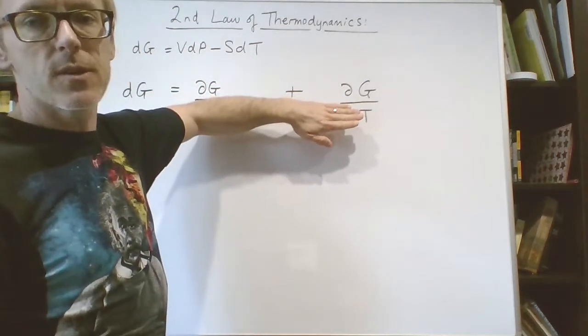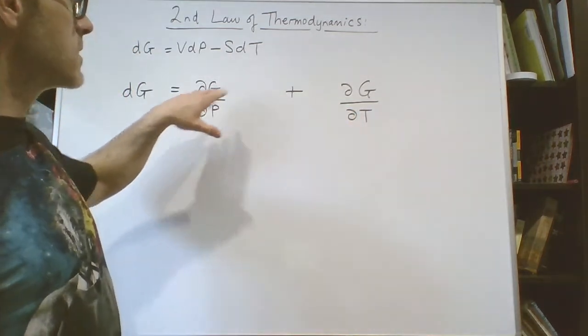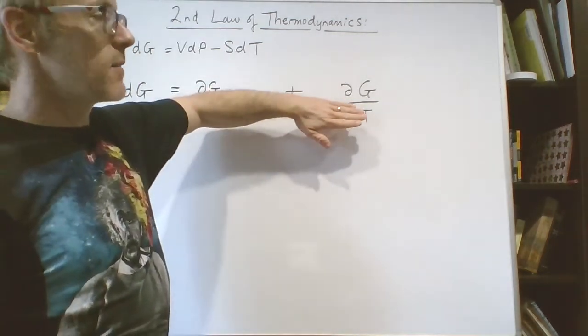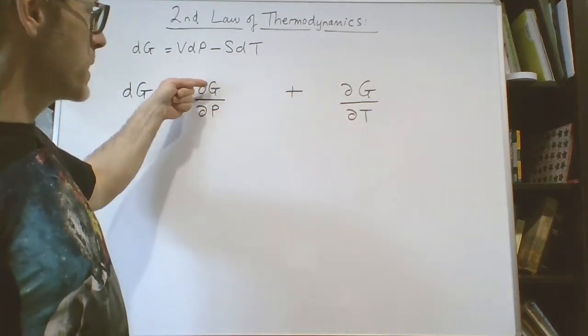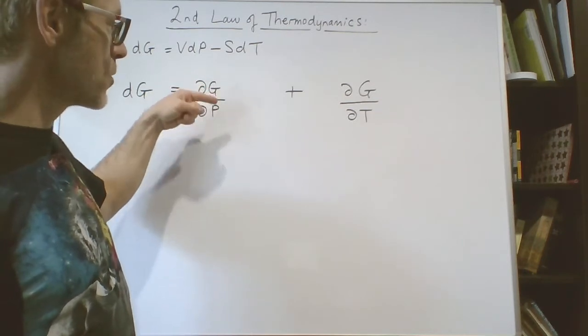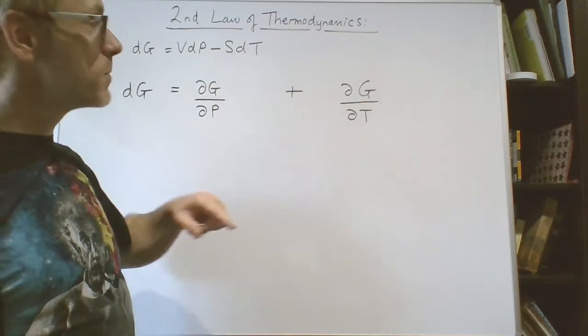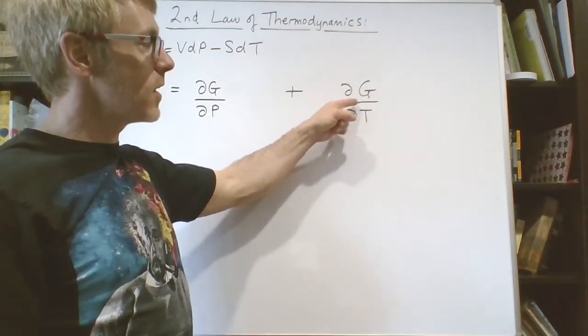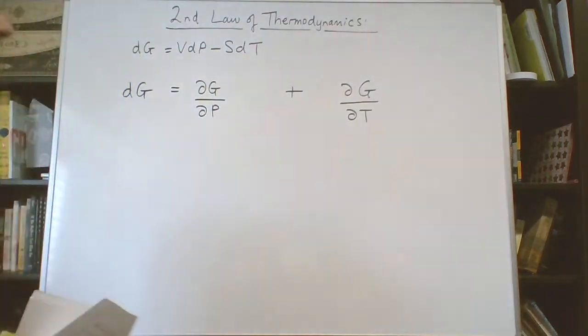In our numerators, we just had the total as the sum of the parts. I need a denominator because otherwise I haven't learned anything new. It's a barren equation. But now I want to look at the effect of pressure on Gibbs. Why? Because I know Gibbs is a function of pressure. I want to look at the effect of temperature on Gibbs. Why? Because I know Gibbs is a function of temperature.